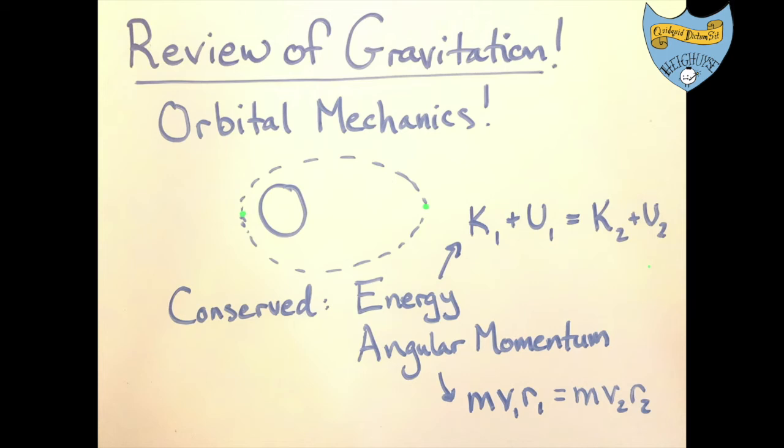Tell me how fast it's moving at each of those two positions. Oh boy, that's a tricky one, and it involves a bit of math. You have to write one equation for conservation of energy, one for conservation of angular momentum, and then we'll have to plug in from there.